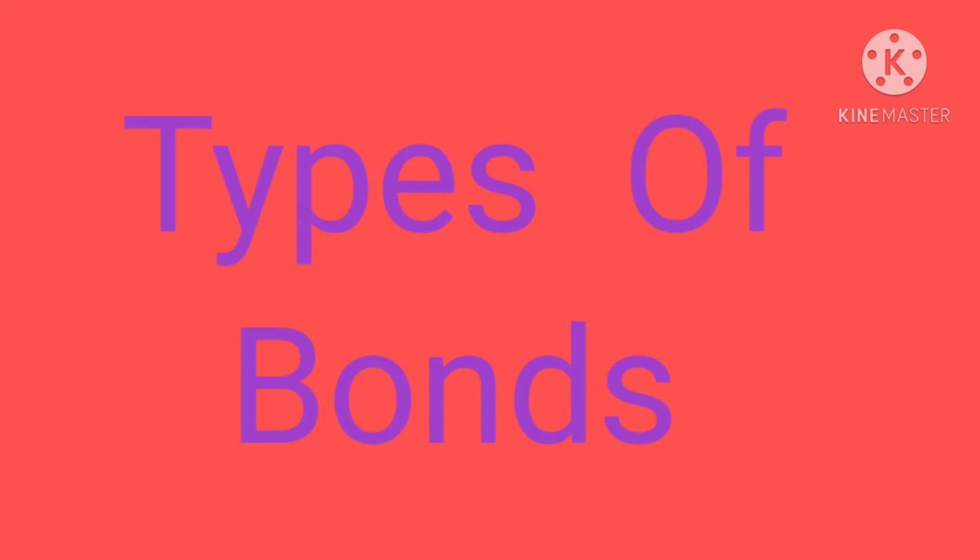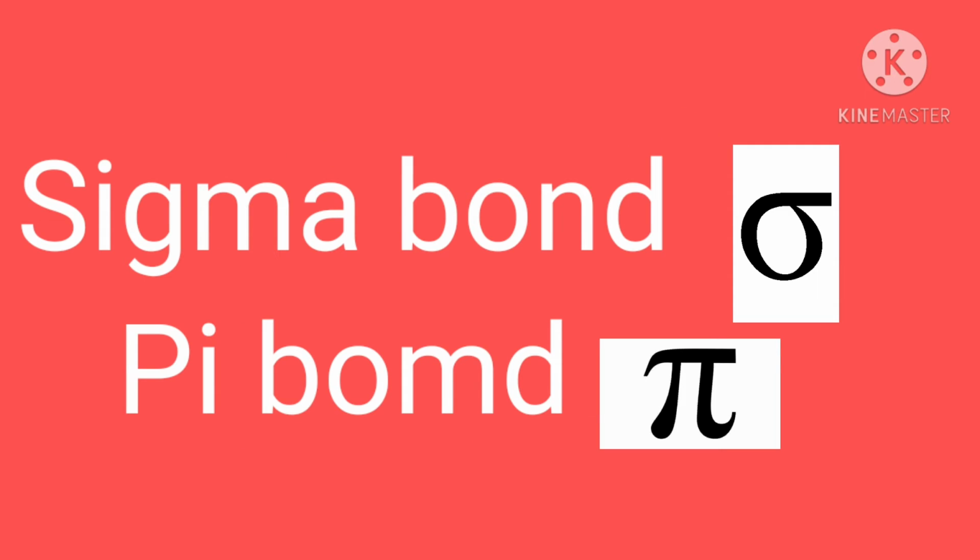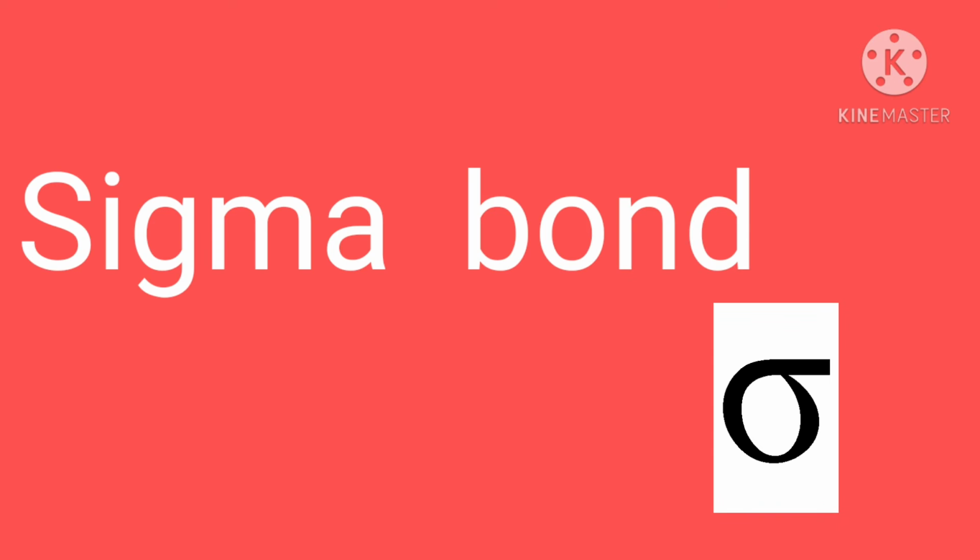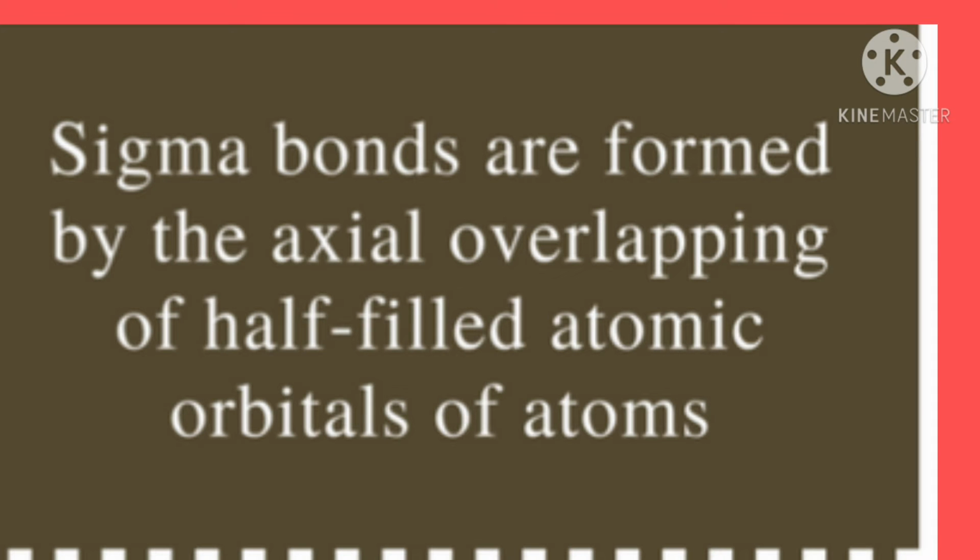Let us know the different types of bonds based on this overlapping. There are two types: the first one is the sigma bond and the second one is the pi bond. What is a sigma bond? How can we recognize or identify a sigma bond in a molecule? Sigma bonds are formed by the axial overlapping of half-filled atomic orbitals of atoms.